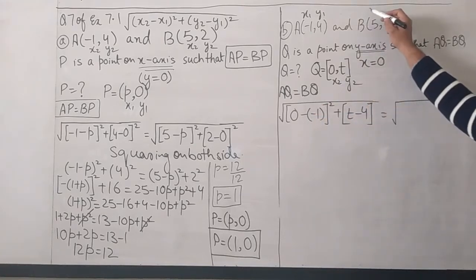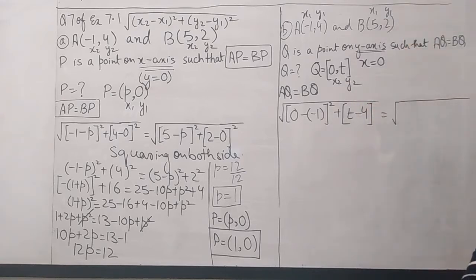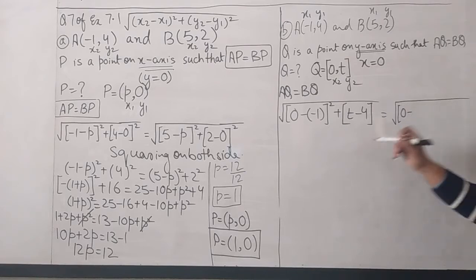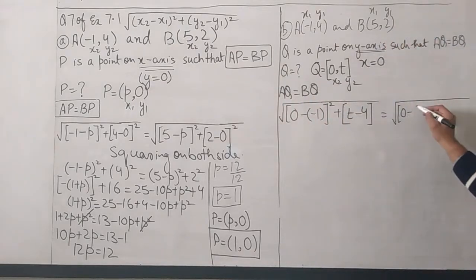Now x1, y1, x2, y2 over here. Again 0, minus sign of the formula, right? Value of x1 is 5, whole square, plus y2, that is t, minus 2, whole square.